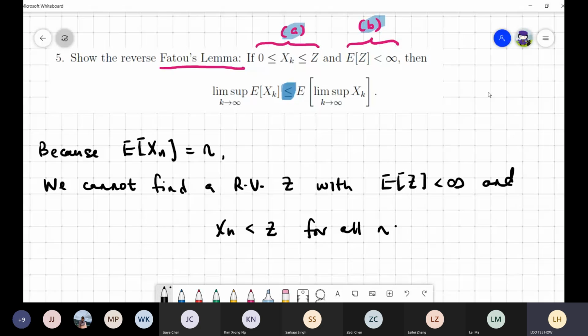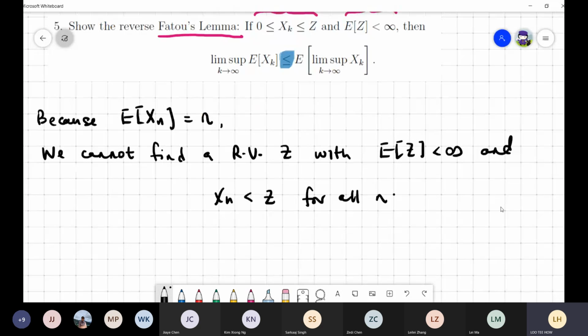Okay, we cannot find it. Because E of xn will be this, right? So if this one is less than this, then this will always be infinity. So we can see this, for example, otherwise.